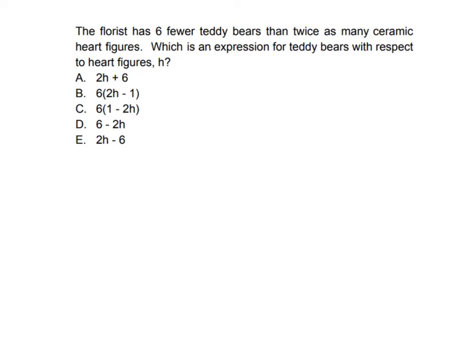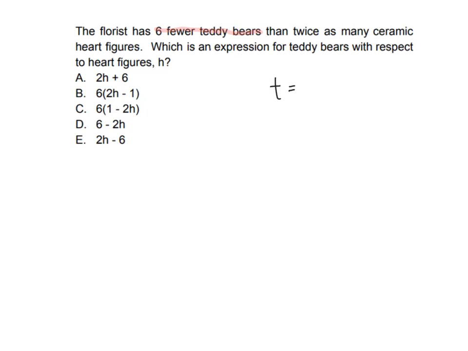This example says the florist has 6 fewer teddy bears than twice as many ceramic heart figures, which is an expression for teddy bears with respect to heart figures H. So basically we're saying teddy bears equals what? And we're trying to write an equation. So again, if we read 6 fewer teddy bears.